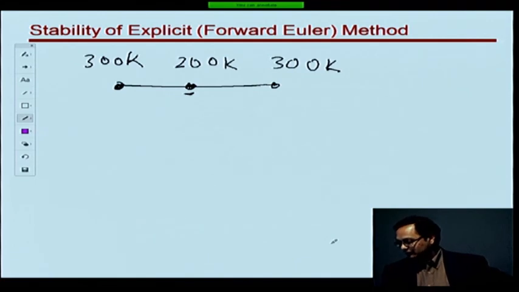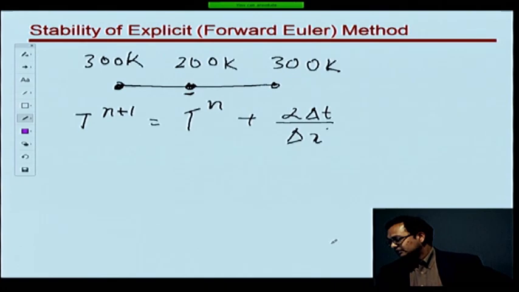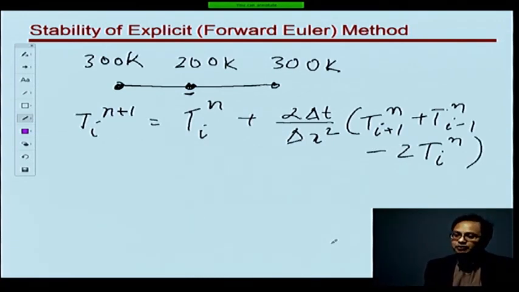So we have T^(n+1) is equal to T^n plus alpha delta t over delta x square times T^n at node i plus 1 plus T^n at i minus 1 minus 2 T^n at i. That's our explicit formula. I'm going to plug in all the numbers.